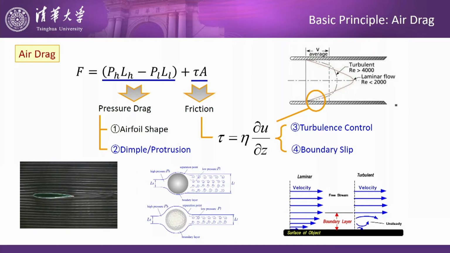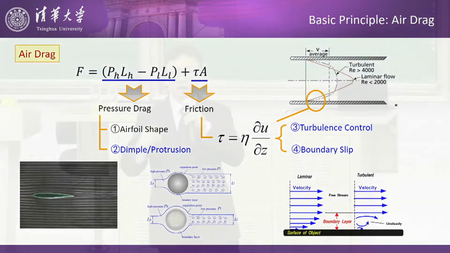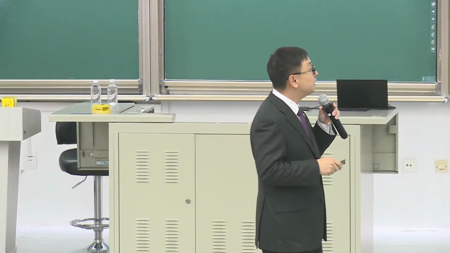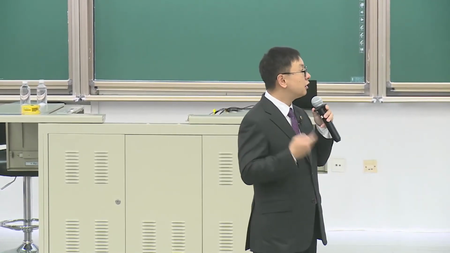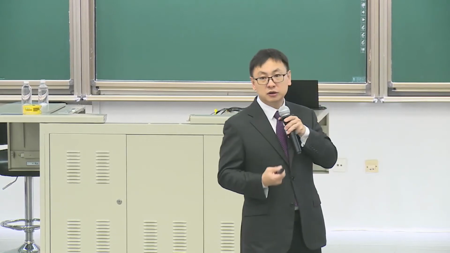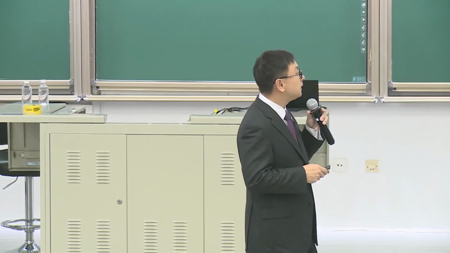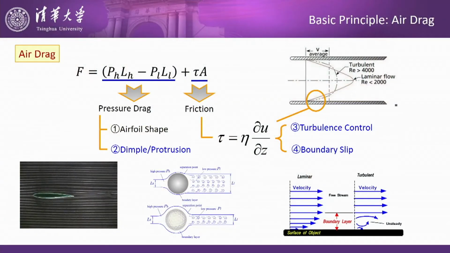So we can make this shape into an airfoil shape to decrease the low pressure, or we can use stream pulse to decrease the low pressure area. Okay, there are 2 ways. The other one is friction. Friction is positively correlated with speed gradient. Okay, but this part is not very important in sports. It's very important in aircraft, but not as important in sports, so I will not go into it.